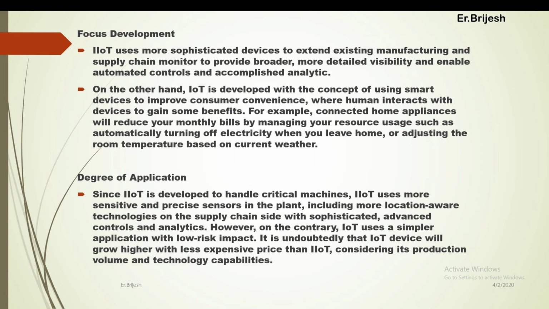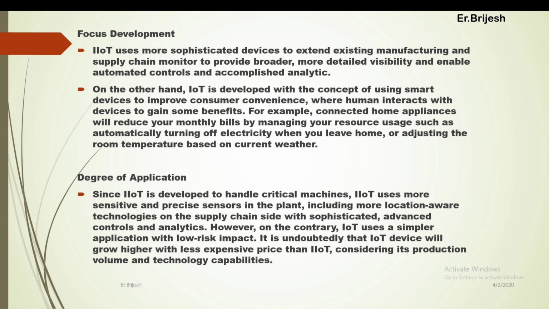On the other hand, IoT is developed with the concept of using smart devices to improve consumer convenience, where humans interact with devices to gain some benefits. For example, connected home appliances will reduce your monthly bills by managing your resource usage, such as automatically turning off electricity when you leave home or adjusting the room temperature based on current weather.